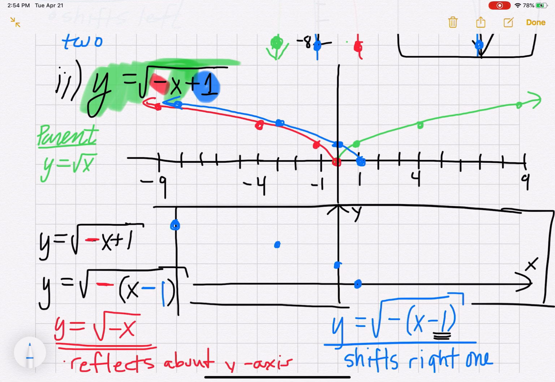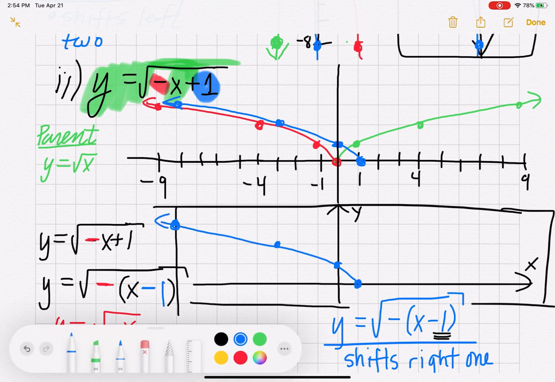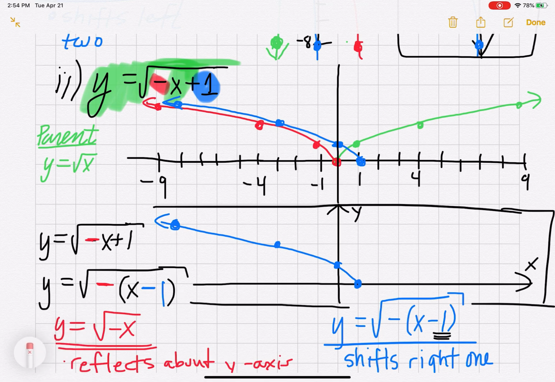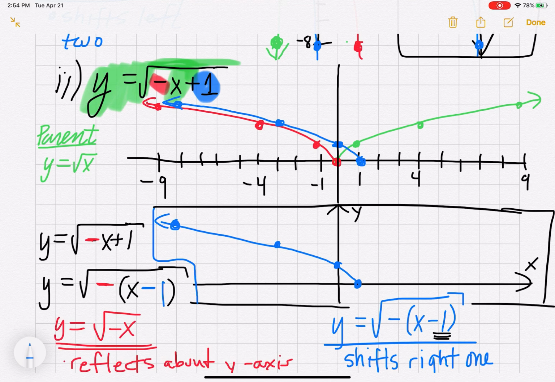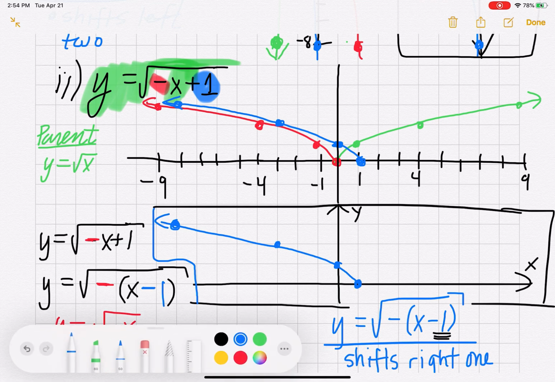There it is. Going off screen a little bit. Let me get rid of this guy. There we go. Yep. That'll do it. This is the graph right here.